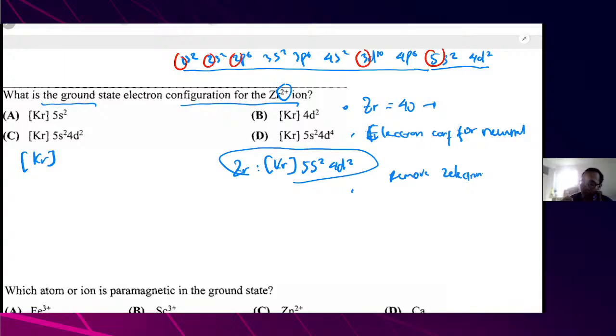So based on this information, we can understand which one we need to take out.